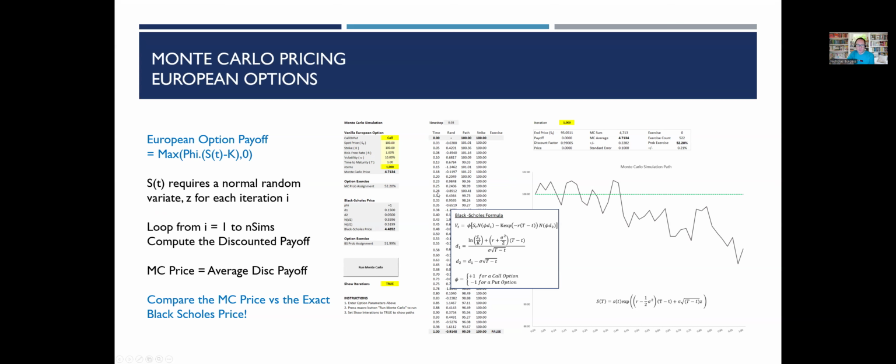And then in the first example, we compared the Monte Carlo price against the exact Black-Scholes price, just to show that the formulas are working and that everything's fine. Before we go on to exotic options, we want to know that it works on a test case where we know the exact results before we try it out on exotics.